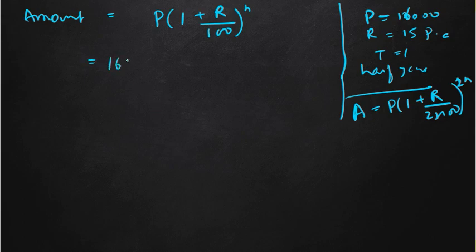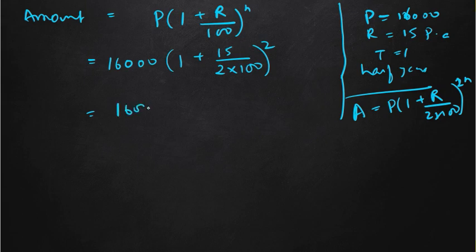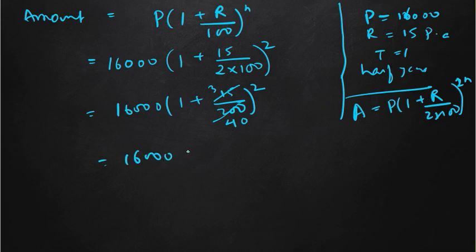So using this formula we will get principal is 16,000 and 1 plus r, r is our 15 by 2 into 100, power n is 2. So this will be 16,000, 1 plus 15 by 200 power 2. So 5 3 is 15, 5 4 is 20, 0, 3 by 4. So if we take the LCM, this will be 40 plus 3, 43, 43 by 40 into 43 by 40.